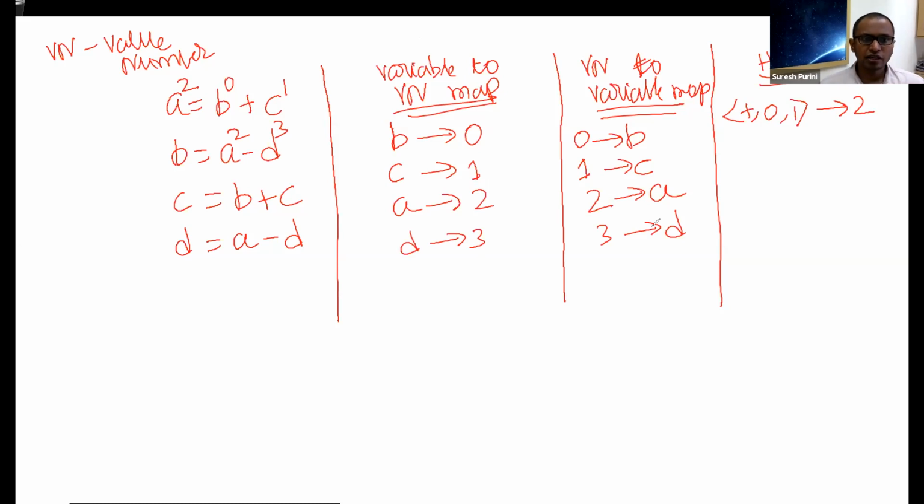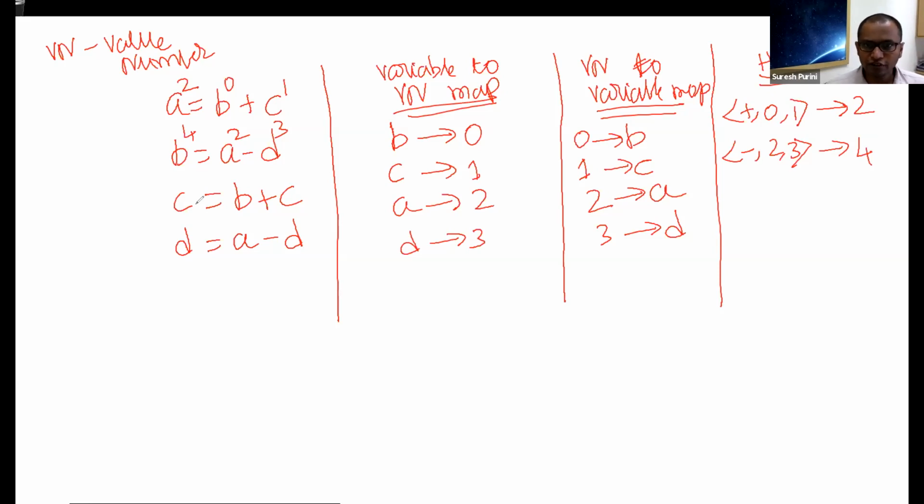And when value number 2 is subtracted from value number 3, we want to check in the hash table if this particular computation has already been done. But if you check in the hash table, it's not available. So we make an entry into the hash table. It creates a new value 4, and B gets 4.